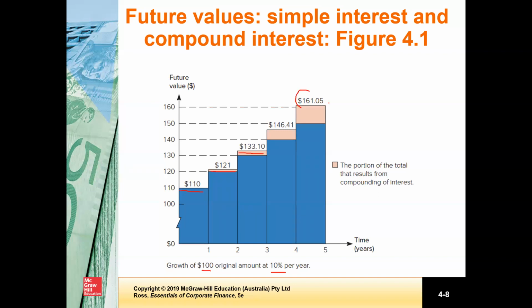Combined, that is the interest earned on both interest and principal, and the value of the investment after the 5-year period becomes 161.05 when we invested $100 and earned 10% interest per year. So you can see that when we consider compound interest, the value of the investment is higher compared to when we consider simple interest.